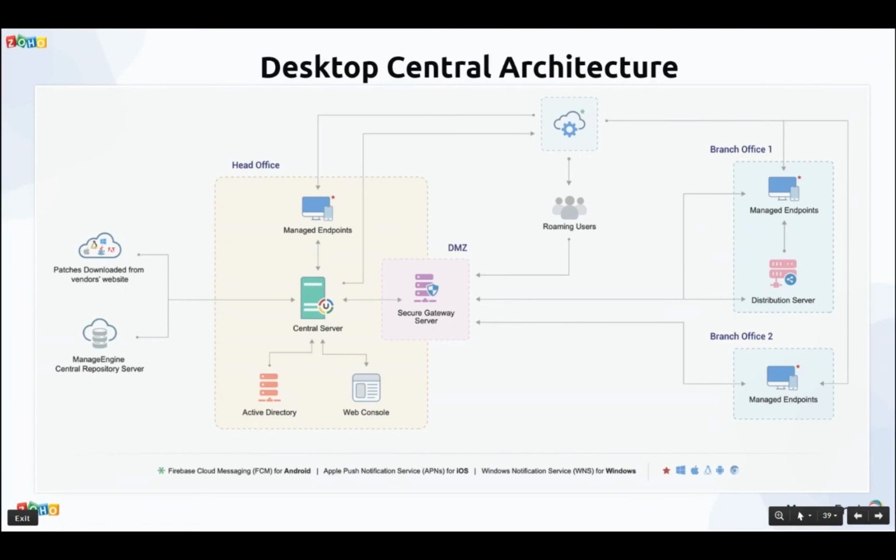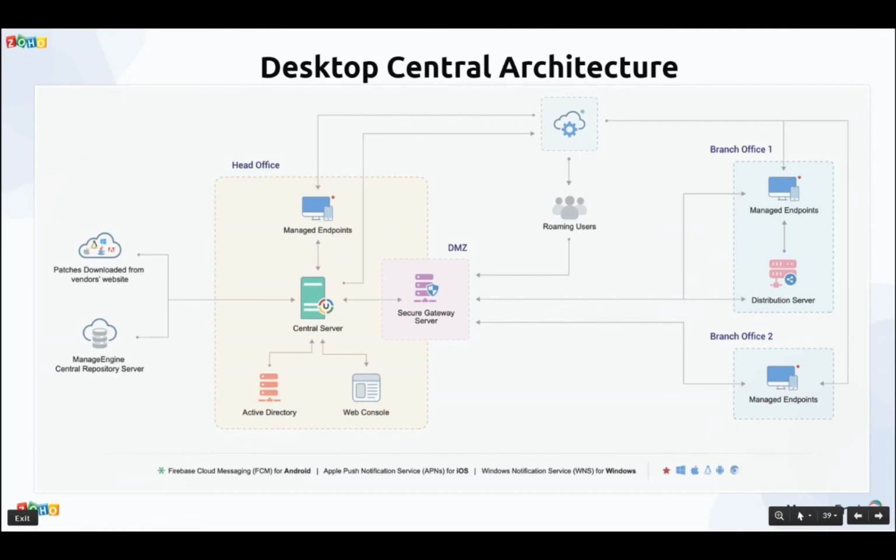So the public FQDN or the URL of the secure gateway will be available for all the agents. They can easily reach the secure gateway, and the secure gateway in turn acts as a forwarding server. It forwards all the requests to the Desktop Central server, and all these operations happen in a secured way. Okay, so that's how Desktop Central works.